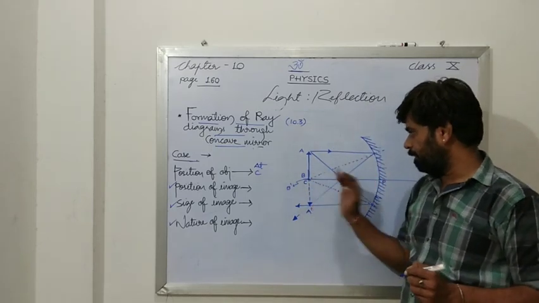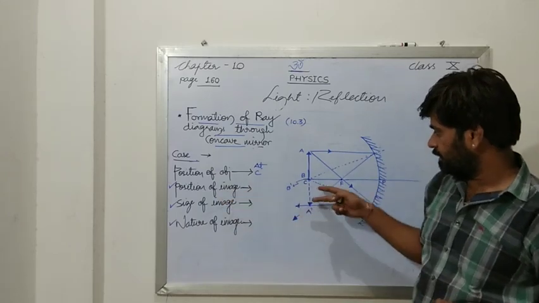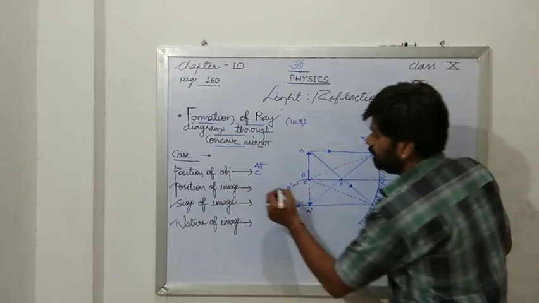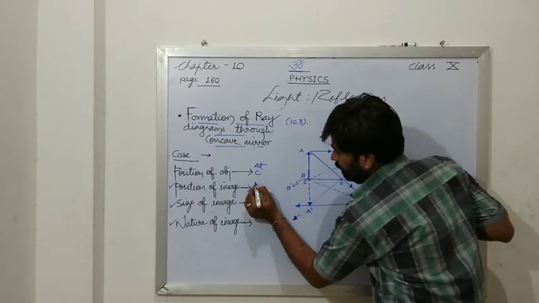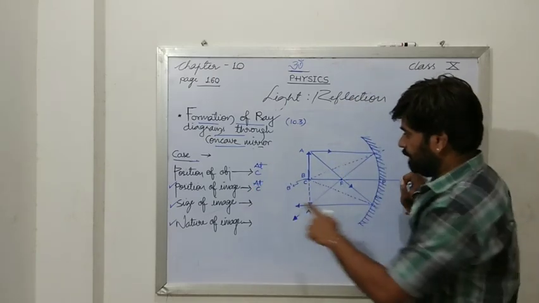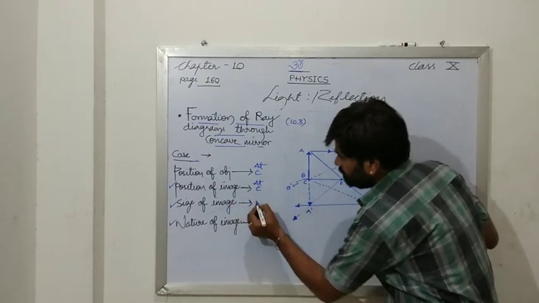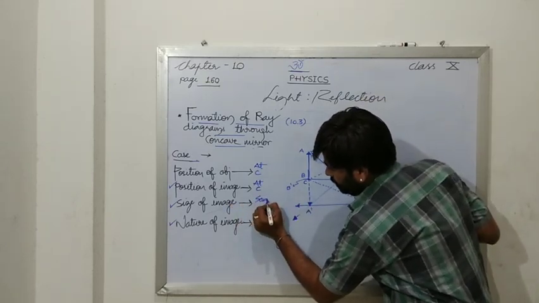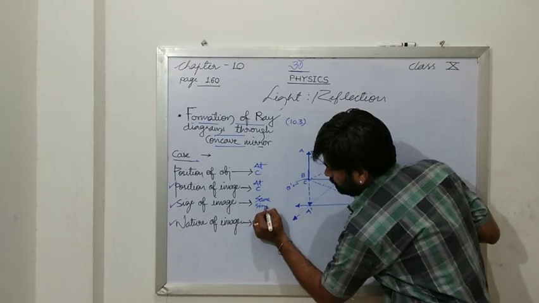Very simple. Now, the position of the image. The position of the image will be again at C, at the center of curvature. The size of the image is the same size.